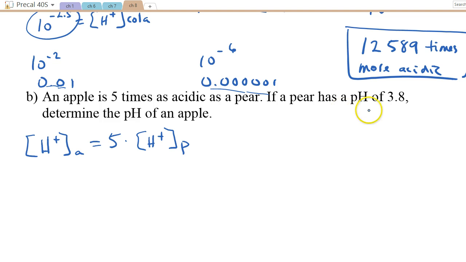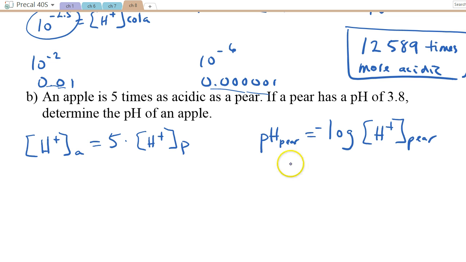If a pear has a pH of 3.8, so the pH of a pear is equal to 3.8, then negative log of H plus, and this is pear, so I can say 3.8 is equal to the negative log of the hydrogen ion concentration of a pear.